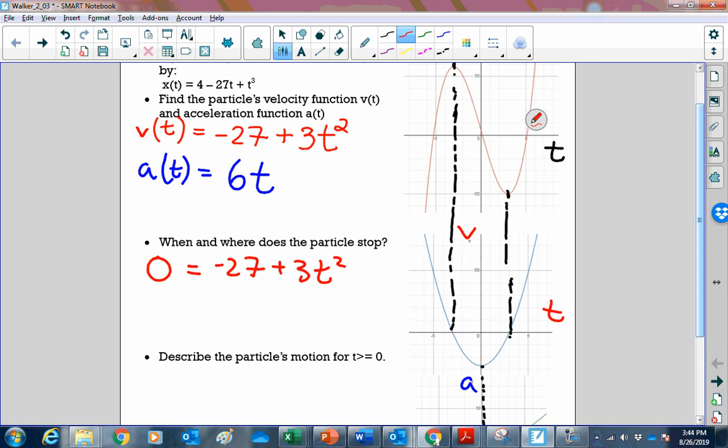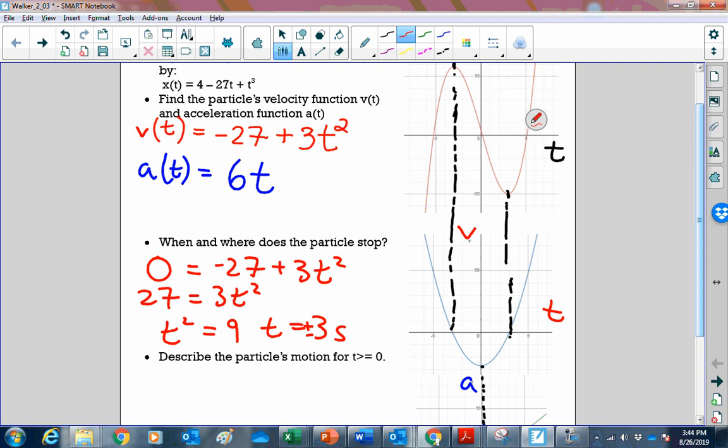Okay, so then I'm just going to move 27 over, and then I'm going to solve that, and I find that time is equal to, sorry, plus or minus 3 seconds technically, which you can see on the graph if you look really carefully.